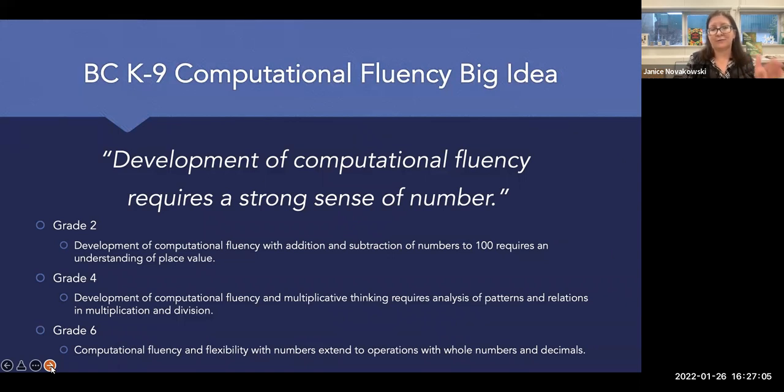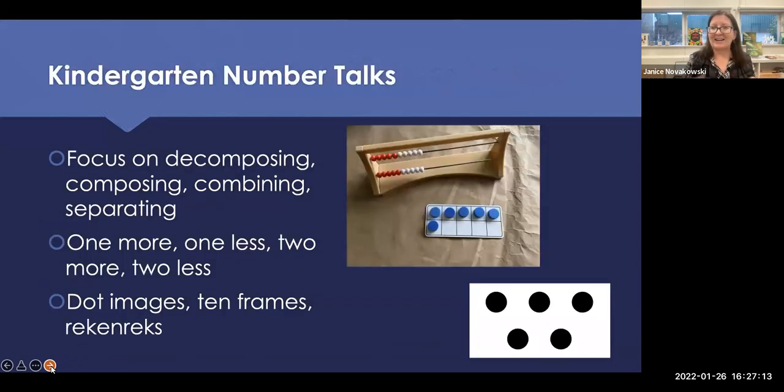You can see for grade 2, 4, and 6, those are the big ideas around computational fluency at those grade levels. In kindergarten, you're not adding, subtracting, multiplying, or dividing yet formally, but you are laying the foundation for all of those operations. So your number talks can focus on decomposing and composing, combining and separating, 1 more, 1 less, 2 more, 2 less.